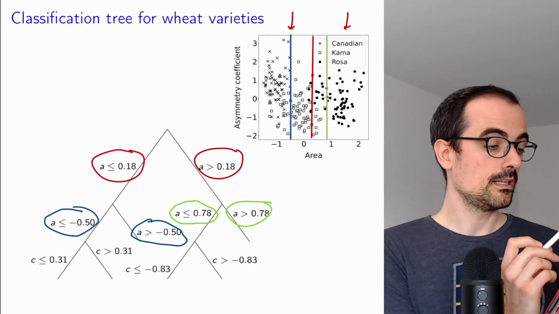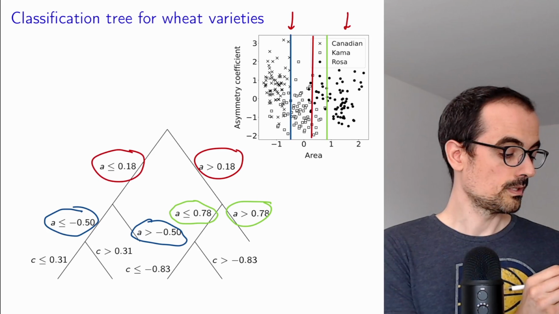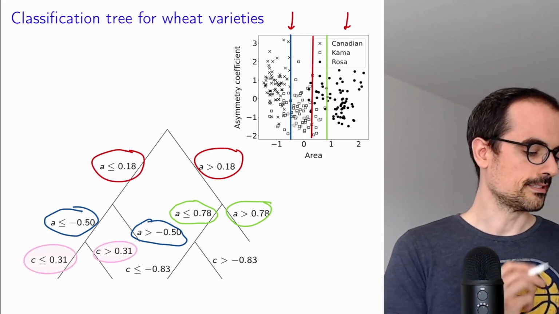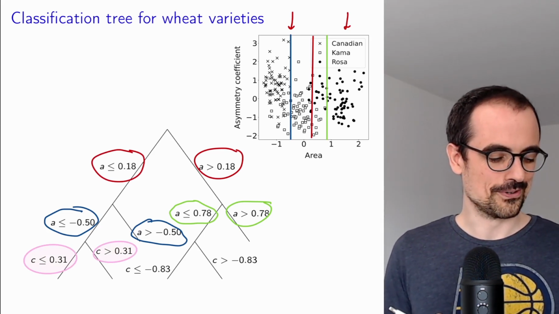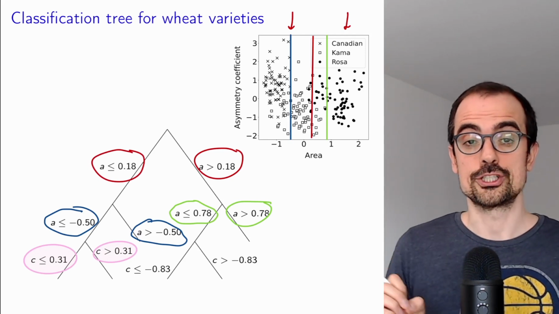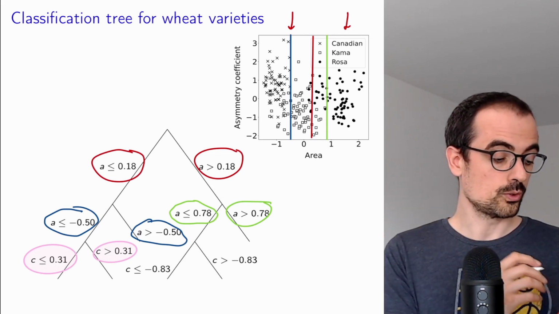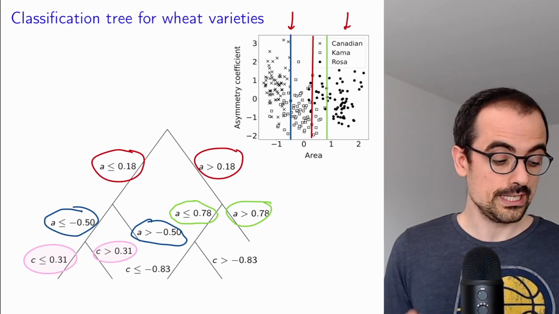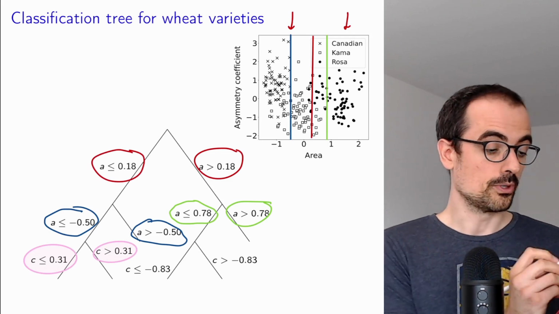And then finally, we're going to use the other feature, which is the asymmetric coefficient, and we're going to threshold according to whether it's larger or smaller than 0.31, but this is only for the region where A is smaller than minus 0.5.